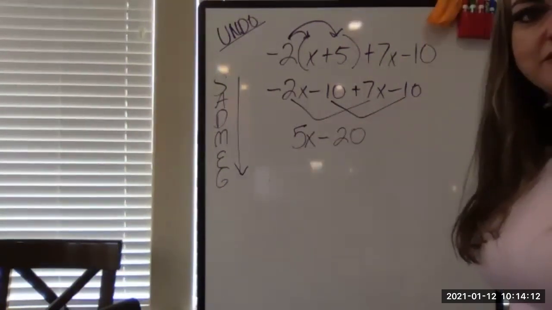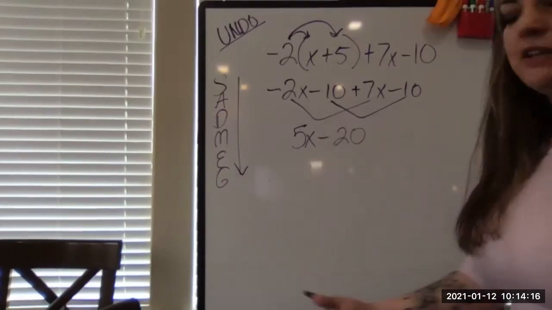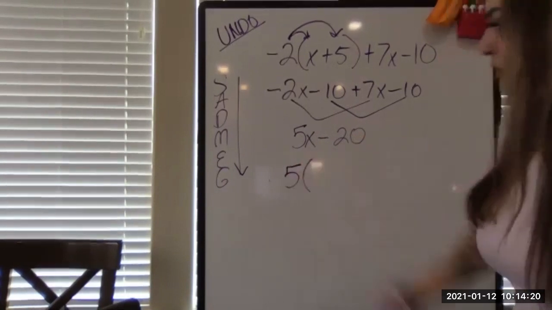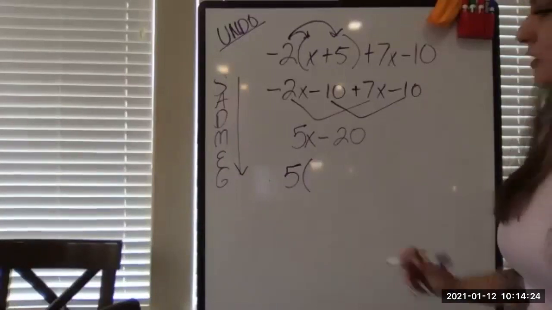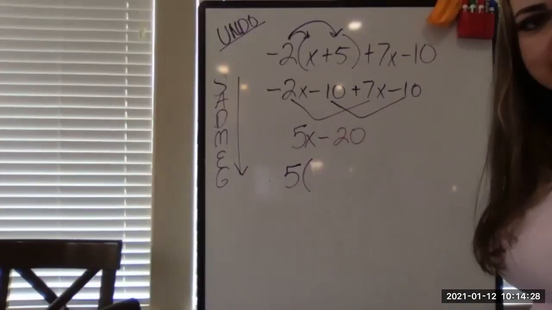Yeah, we can divide both of those by 5. So when we're factoring, we're going to write the 5 on the outside of the parentheses. We're pulling it out.